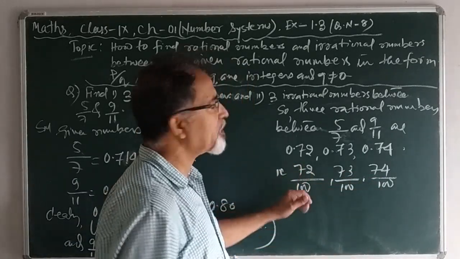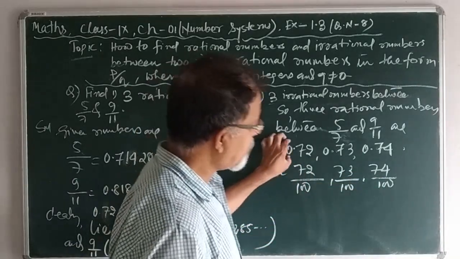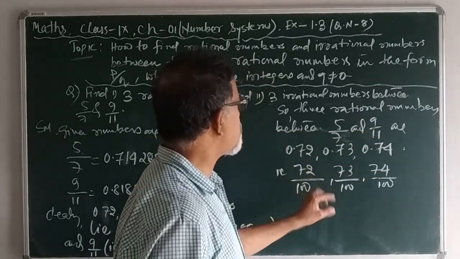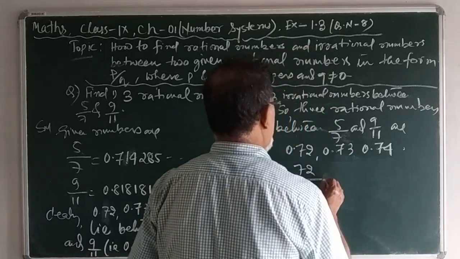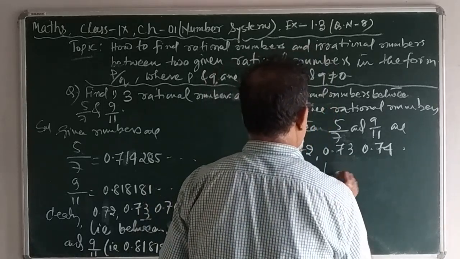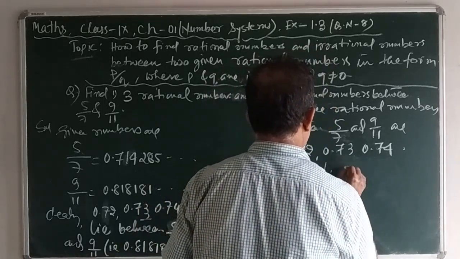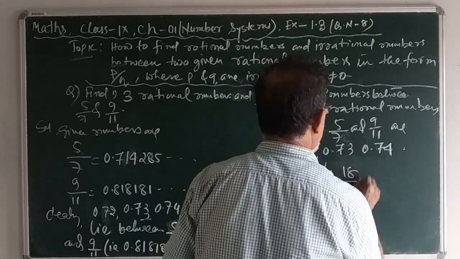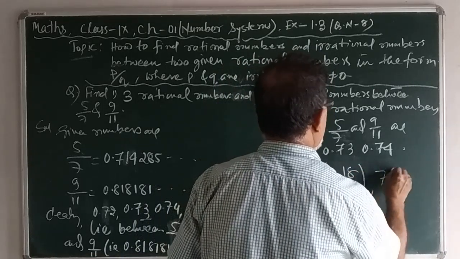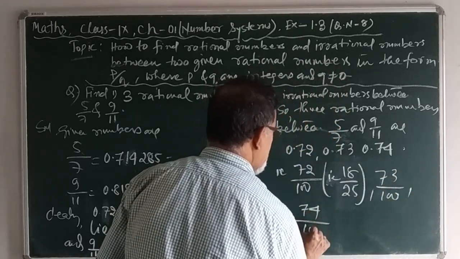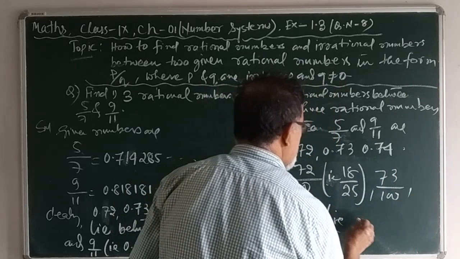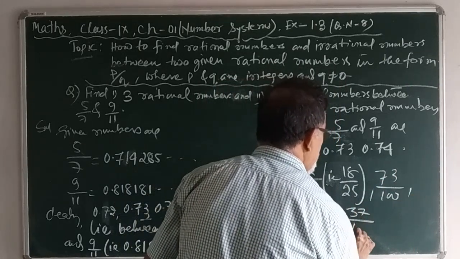But this is also correct. Here we have to find the rational numbers. This is also a correct answer, and this is also a correct answer. Or you can write 18 by 25, comma, 73 by 100, comma, 74 by 100, that is 37 by 50.